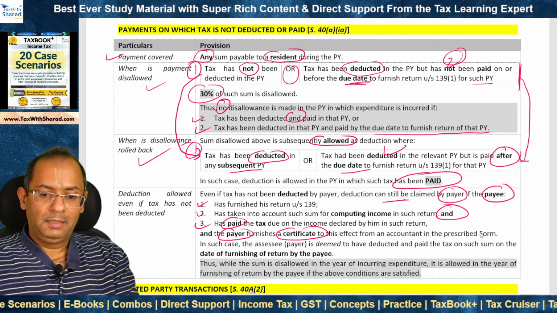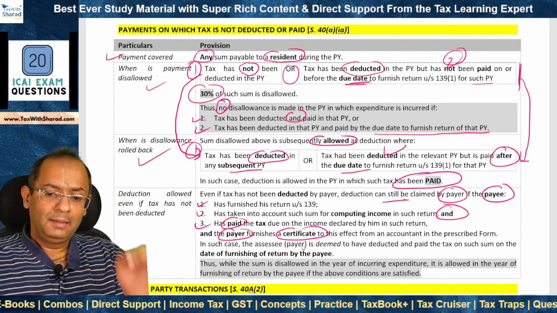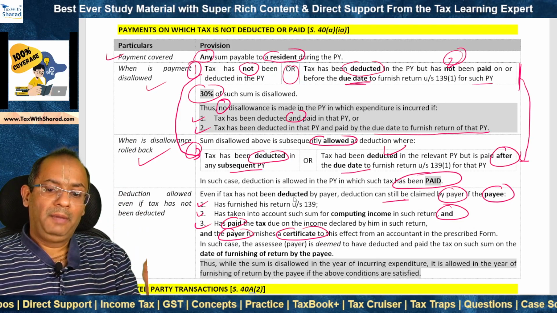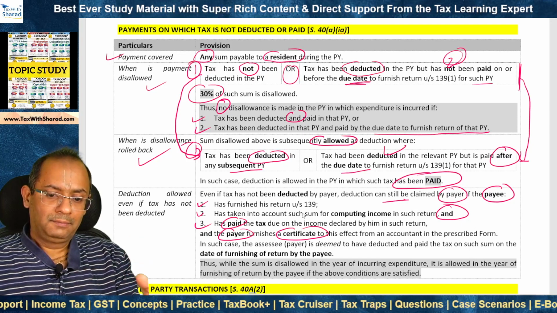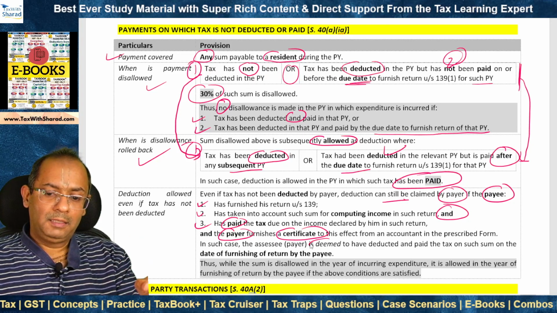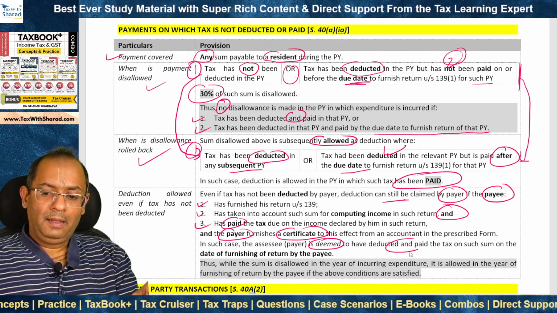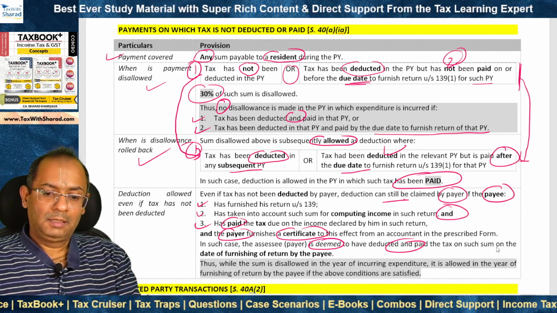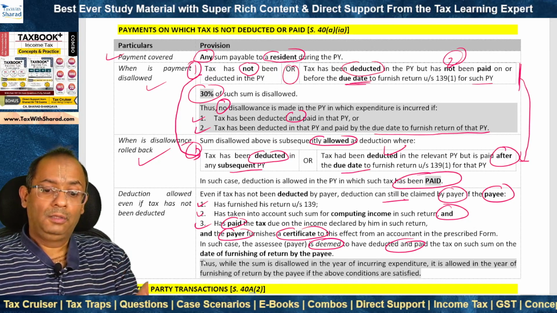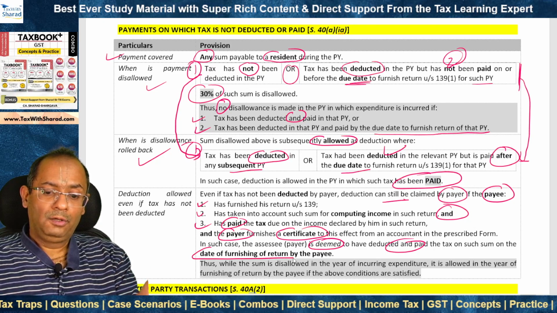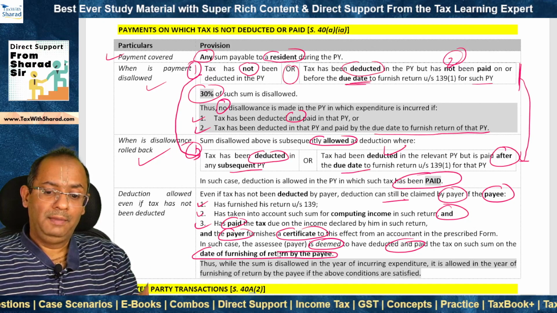If these conditions are satisfied, then even if the payer has not deducted the tax, the payer is deemed to have deducted and paid the tax on such sum on the date of furnishing of return by the payee.